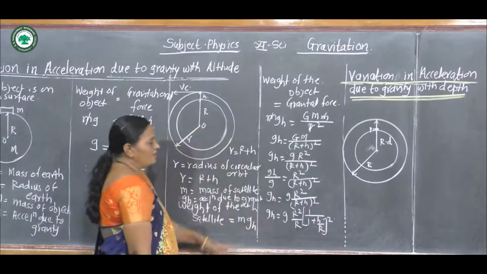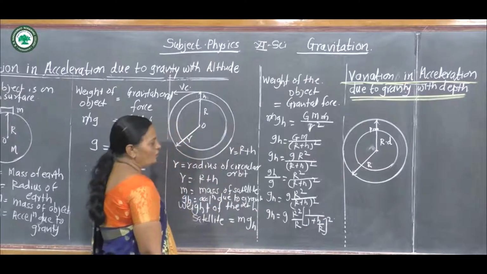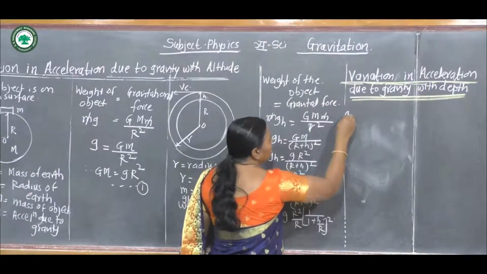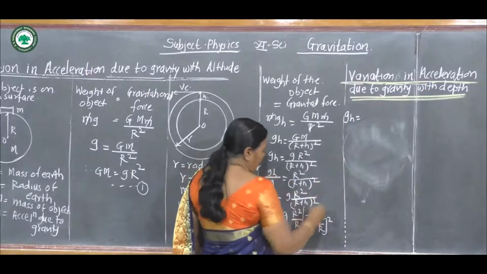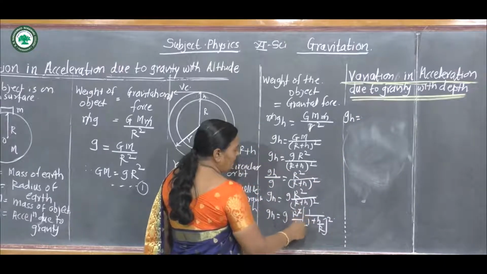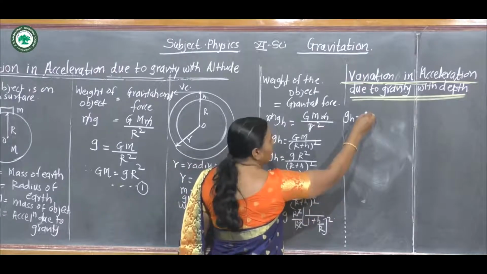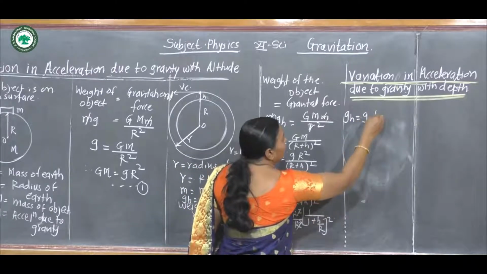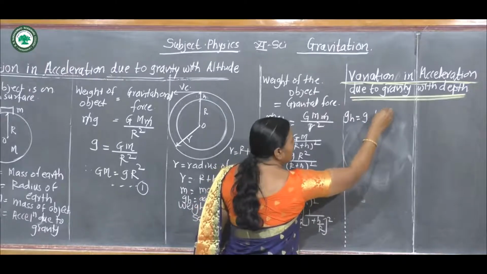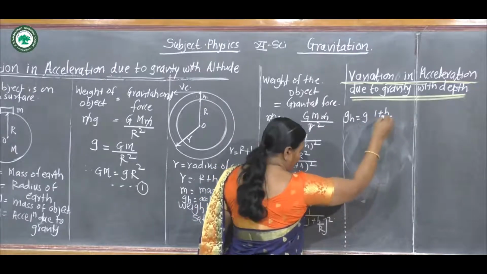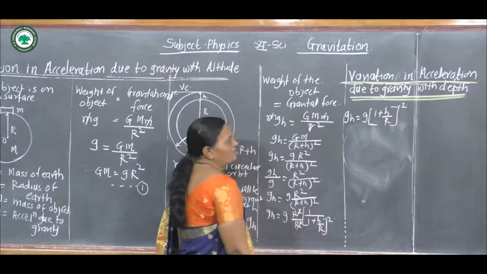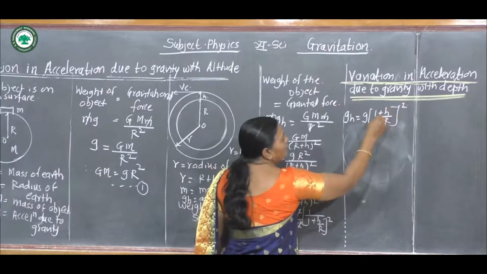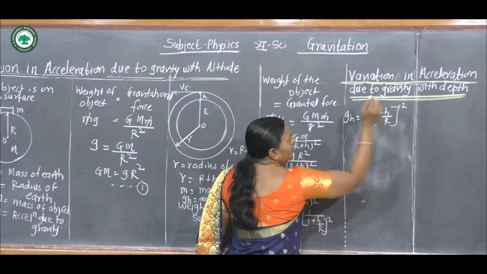Now again we rearrange the equation. We get g_h equal to g into (1 plus h upon R) whole square, and taken in the upward direction it becomes (1 plus h divided by R) raised to minus 2.